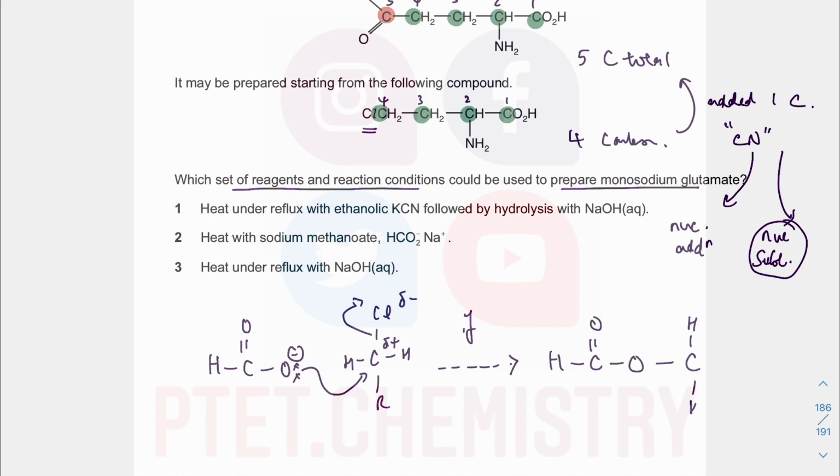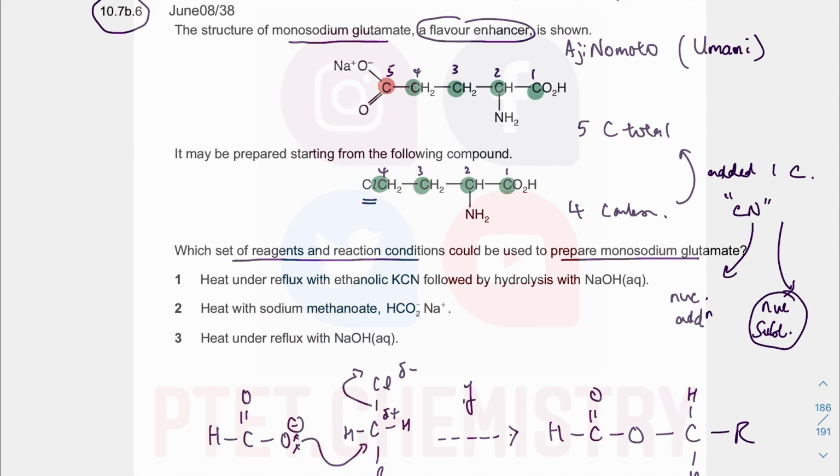You get this. That is strange. That is not what is shown here, right? Because the charge there is minus, and you have formed an oxygen-carbon bond. That's the important thing there. You have formed an oxygen-carbon bond, whereas what you want is to form a carbon-carbon bond, because this is carbon 4. Here you form an oxygen-carbon bond.